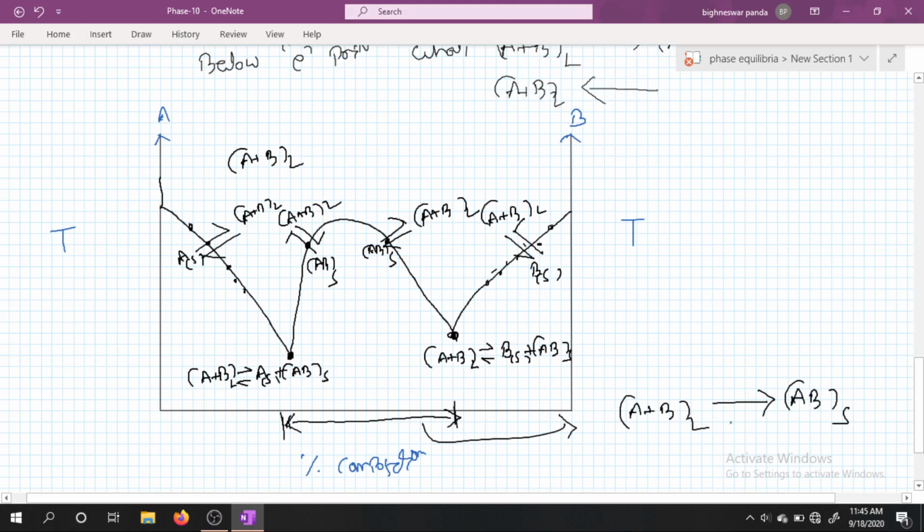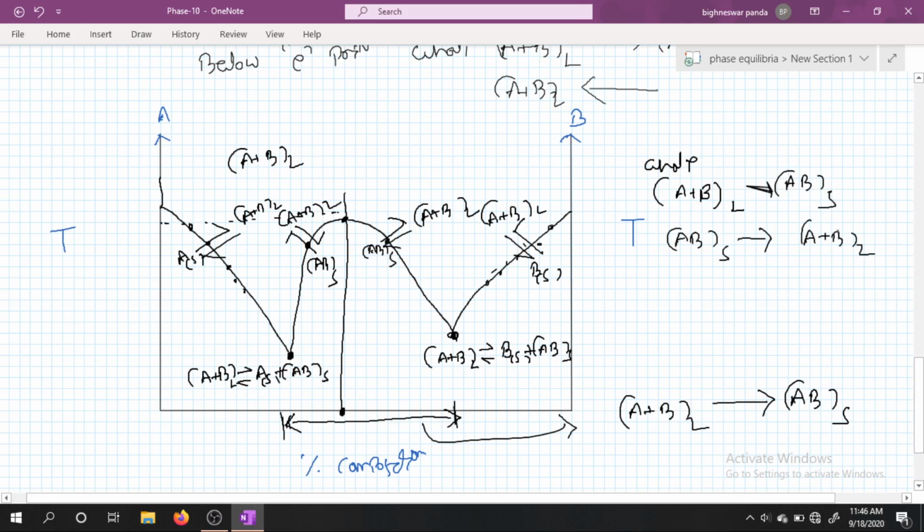And this is the point corresponding to a particular temperature and a particular composition. I can say that whole A plus B liquid is converted into whole AB solid.